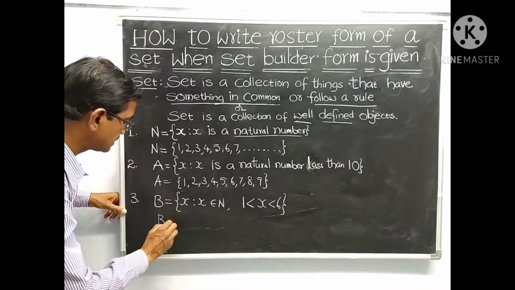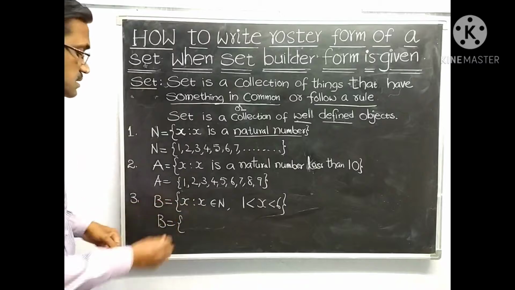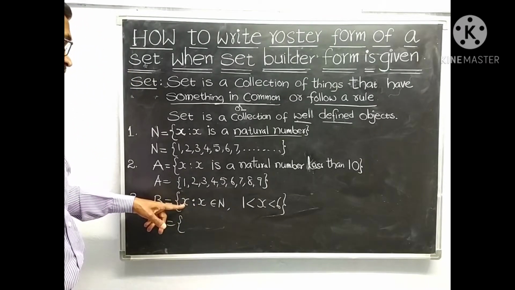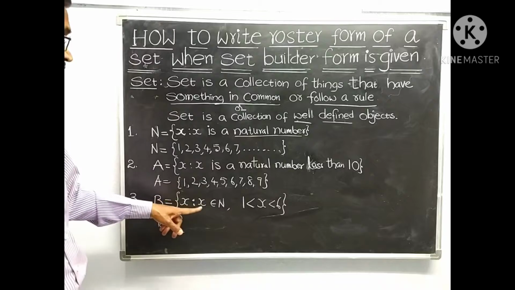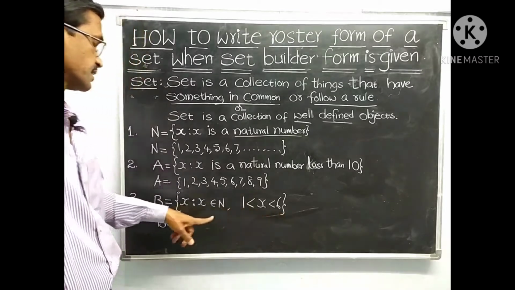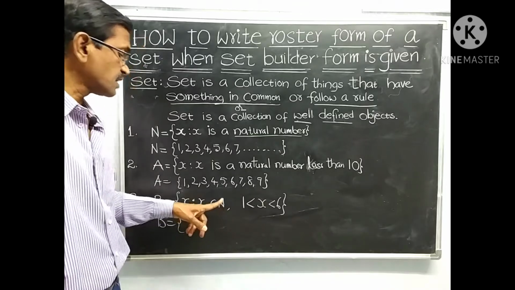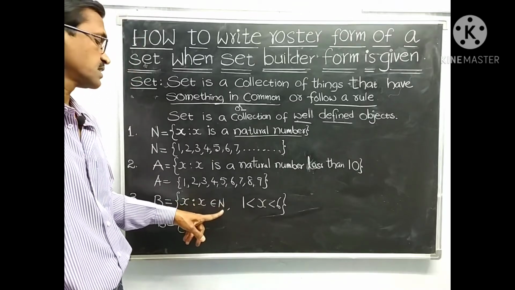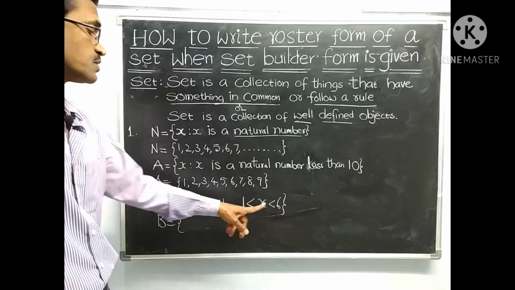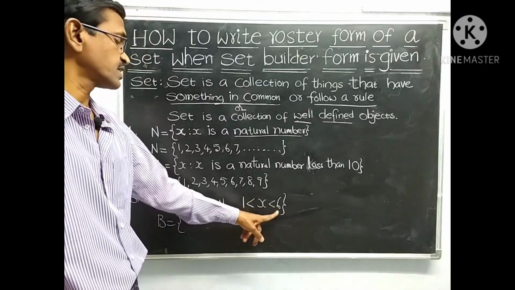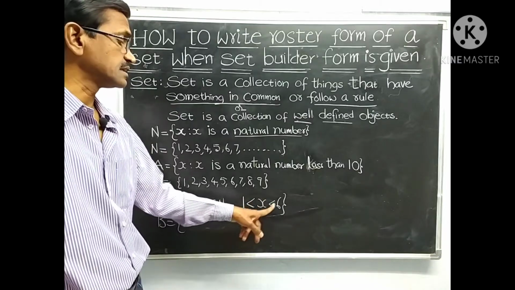Let us go to the third example. B is equal to x. This symbol represents such that: every element should have this property. That element should be collected from the natural number set, and we should not collect all the numbers. We have to collect between 1 and 6: 1 less than x less than 6.